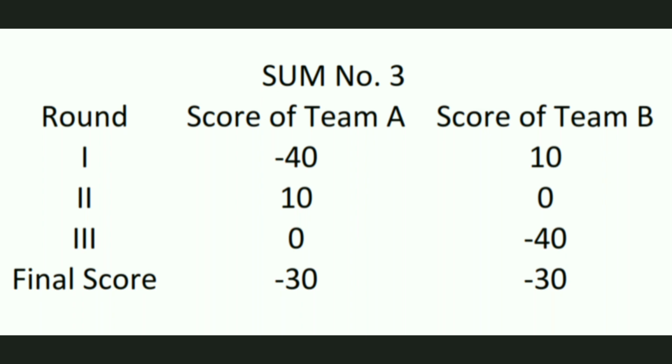Again, their final score is also minus 30. So children, if you add integers in any order, the answer does not change. Why? Just observe this. Here, team A and team B have scored the same numbers but in different rounds. So, all of you understood how to find the addition of integers, and a change in the order of numbers does not change the answer.